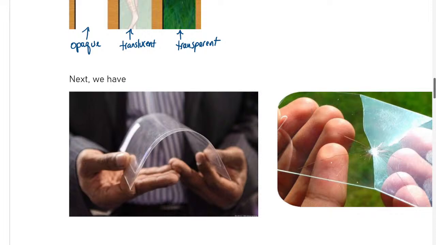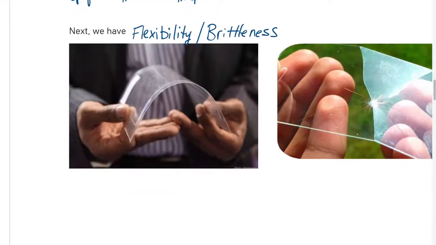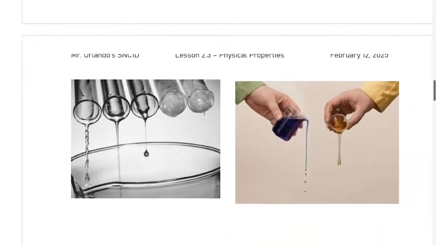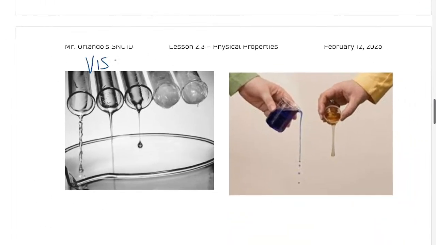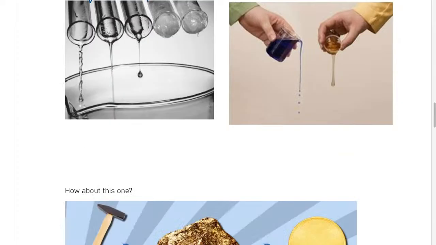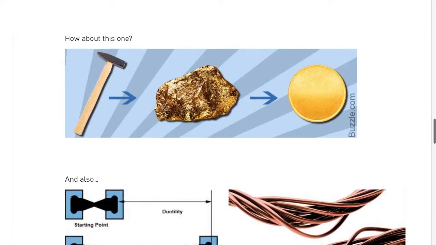Here we have flexibility versus brittleness. And I want you to define both those terms, right? And then here we have viscosity. And then the next one, we have malleability.